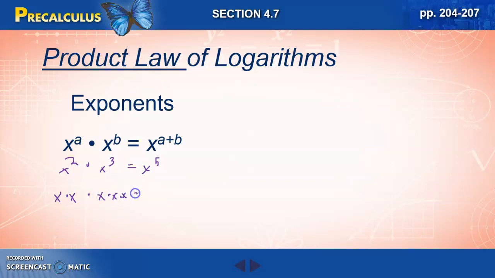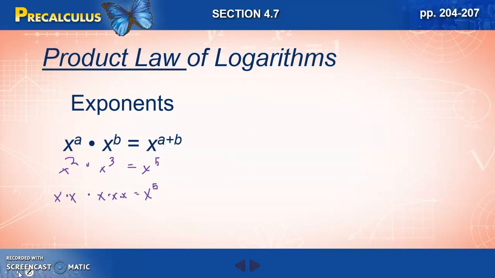And as you can see, that is indeed true. x squared times x cubed equals x to the fifth. Now, I'm not going to prove each of these laws of exponents. We've done that in previous classes in previous years. So if you are struggling with these laws of exponents and you want to know why they're true, see me in class. I proved this first one for you and showed you why that worked. I'm not going to do the rest. I'm assuming that you already know them and understand them.